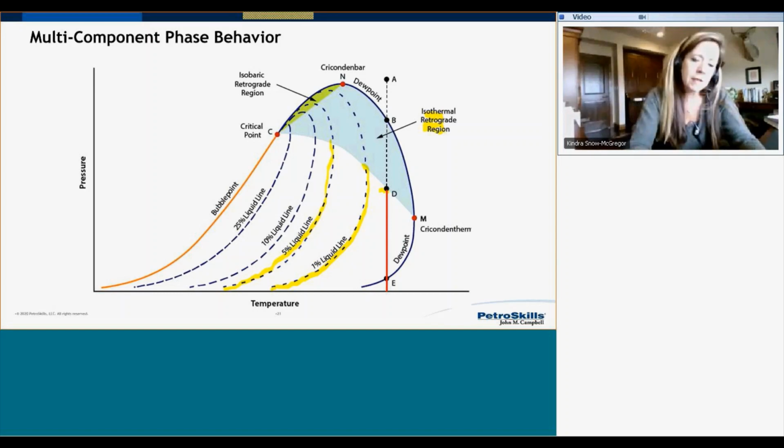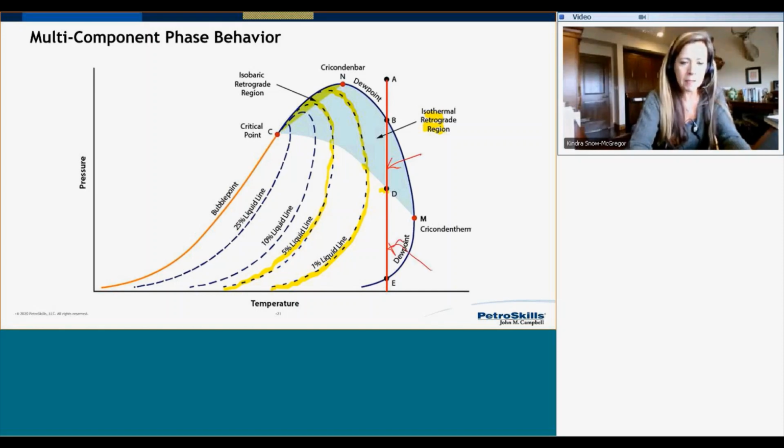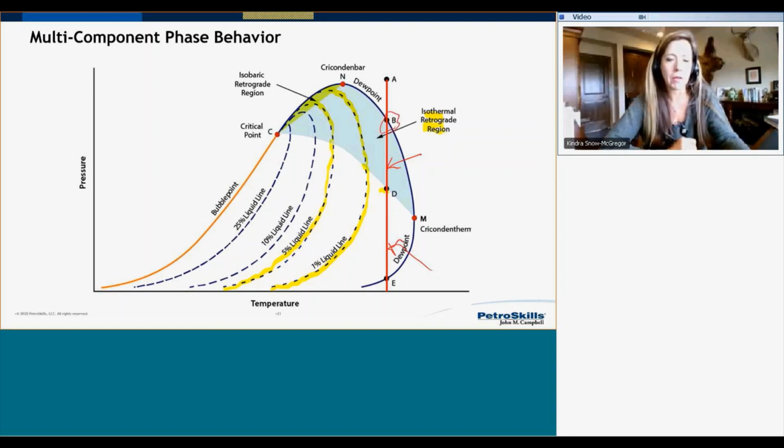Now notice once I hit point D, the slope of these curves starts changing. And so physically what happens is that as I go from point D to point B, I have now boiled off all of the liquid that I had condensed in here, because you can see at point B, I am now back at my dew point location. If I continue heating that vapor up now, I will be a superheated vapor at point A.